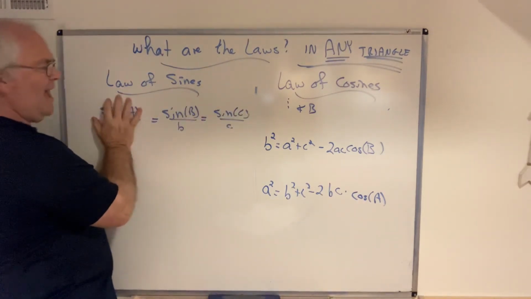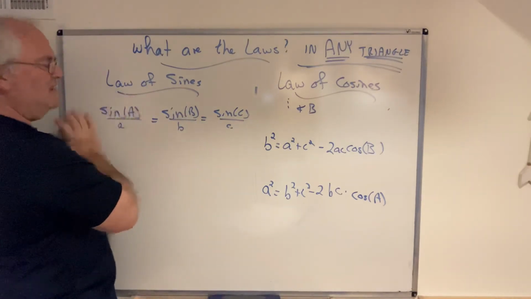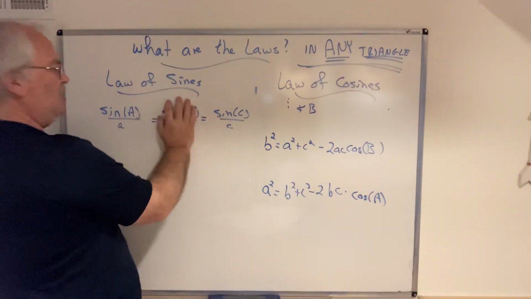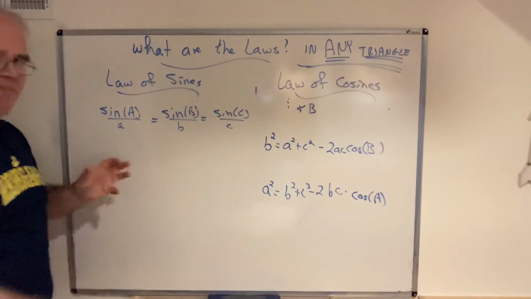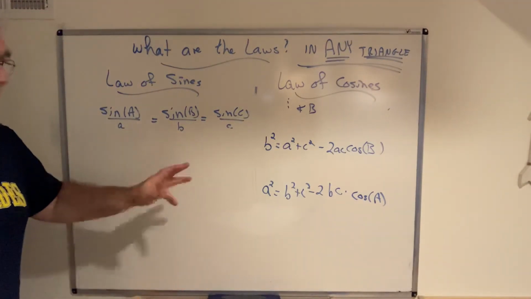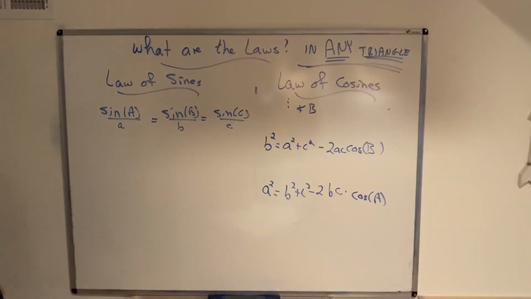Sometimes you'll leave off the A and just use those two. And sometimes you'll leave off the middle and use the first and the last, which are equal. Which one you pick depends upon what pieces of information you've been given in the problem and what piece of information you're trying to find.